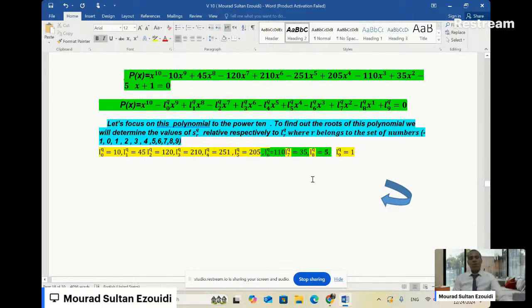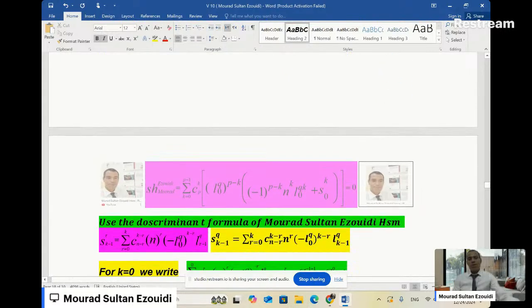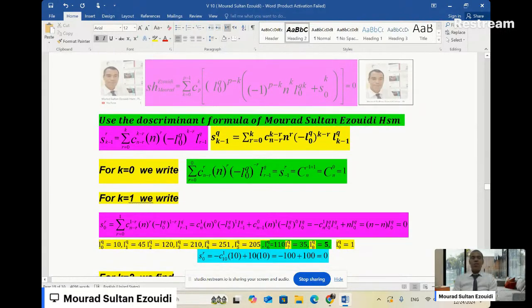Now you are going to use the discriminant formula and find the value of S minus 1. By convention, if you replace k with 0, you get a combination equal to 1. So we demonstrated that S minus 1 is equal to 0, the first coefficient of my Newton equation.